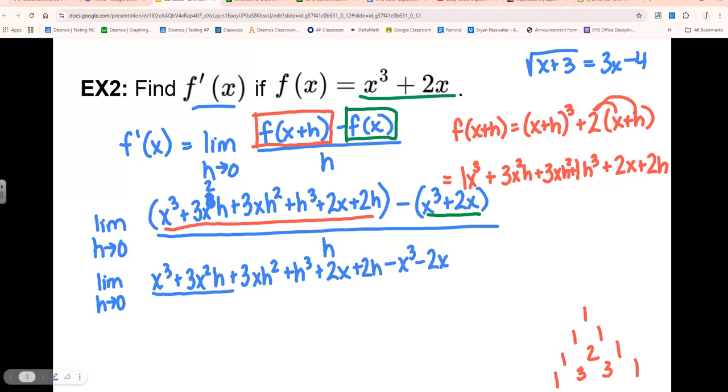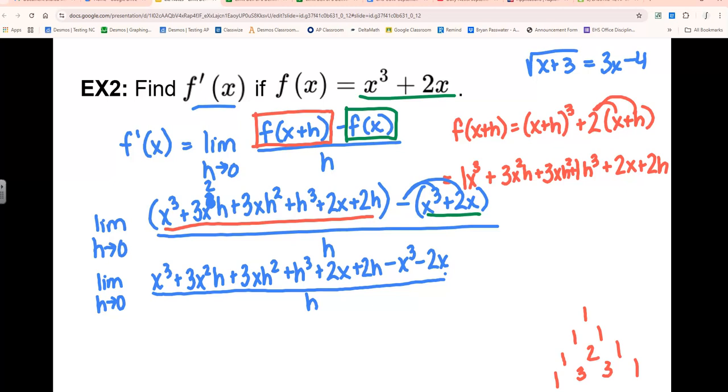It is okay with me if you don't write out the step that I just wrote, but you got to make sure that you are distributing that negative to everything in that parentheses behind it, because if this 2x right here is not negative, the problem's not going to work.